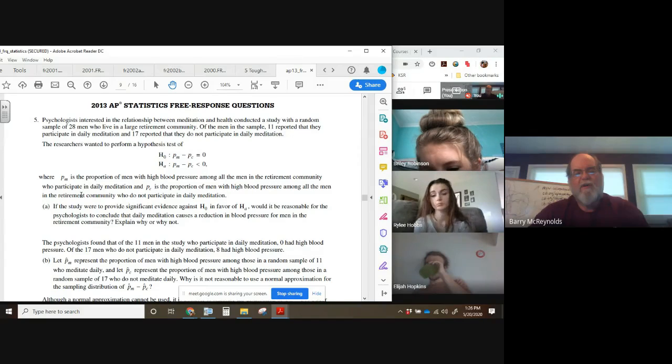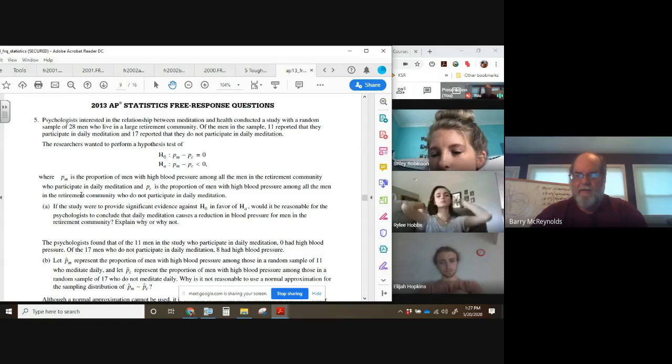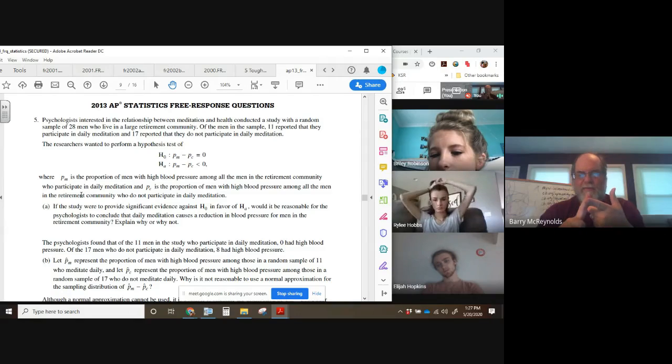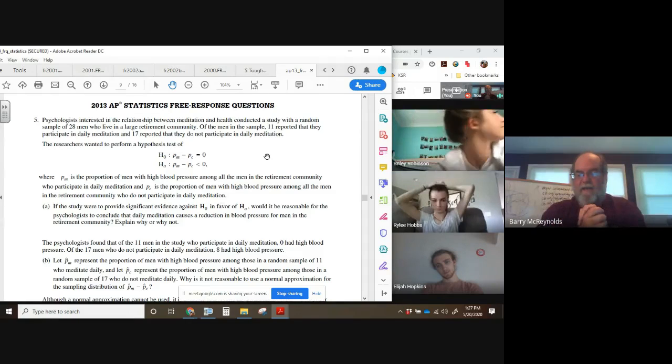And the very first thing we talked about is the only way to draw an inference about a population is to conduct an experiment where you randomly select from the population and you purposefully impose a treatment. Okay, and in this study, did the psychologists impose any sort of treatment? Let me just stay with that. Did they impose a treatment?